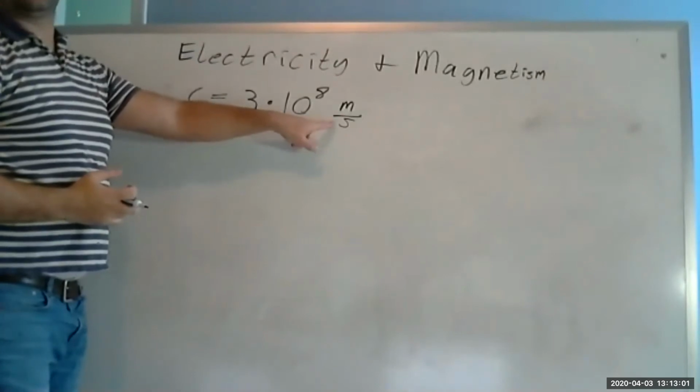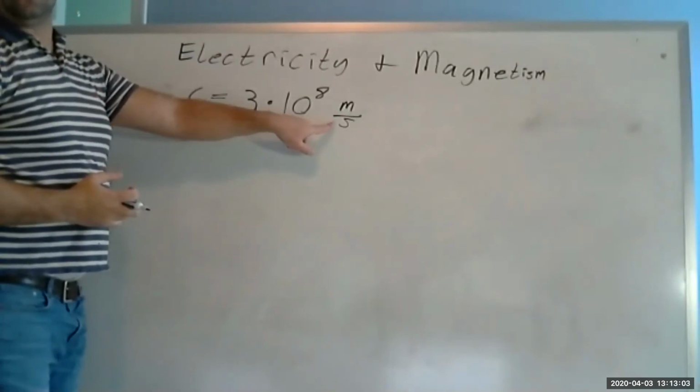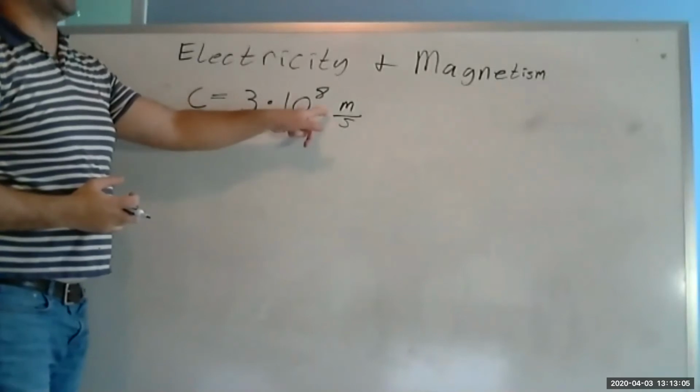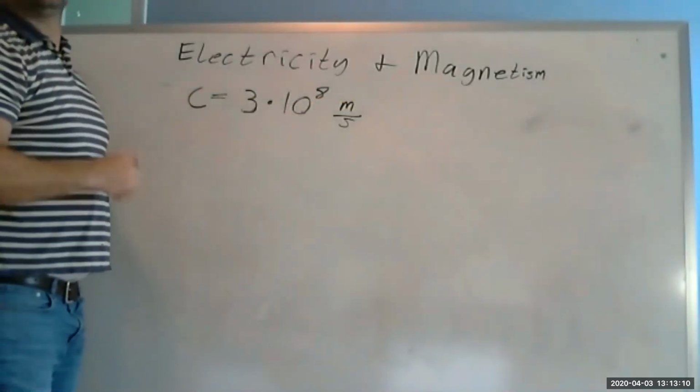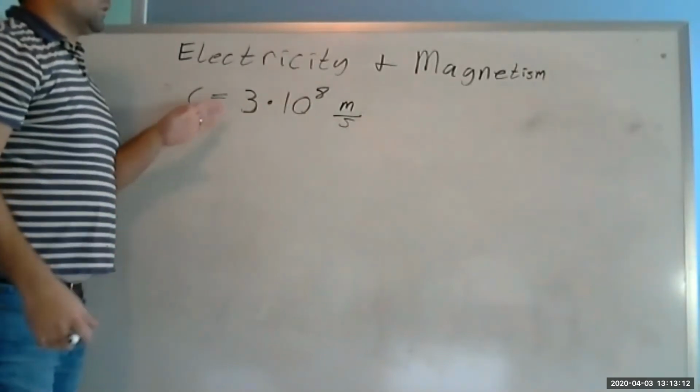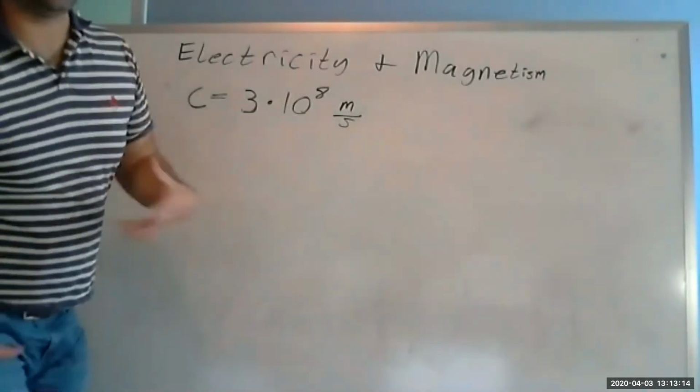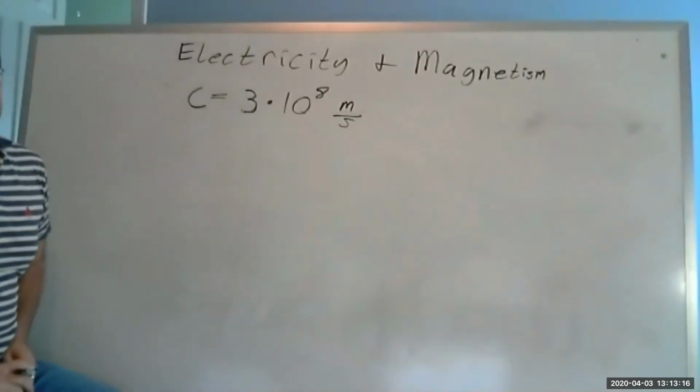What is that unit? What thing has units of meters per second? Velocity? Perfect. The velocity or the speed of light is constant.